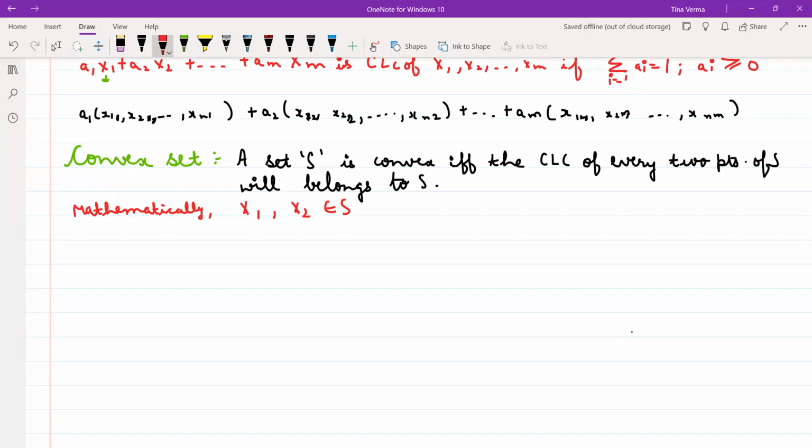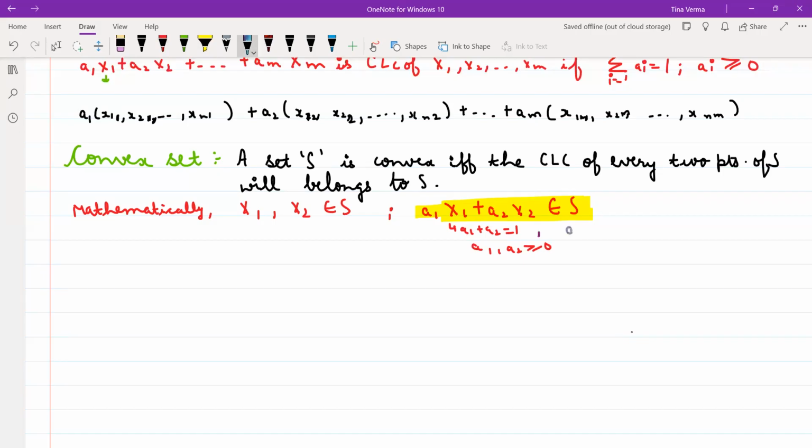If x1 and x2 you took from S, and their CLC also belongs to S with the condition that A1 plus A2 is 1, and A1 and A2 are greater than or equal to 0, if this condition holds, then you will say your set S is convex, right?